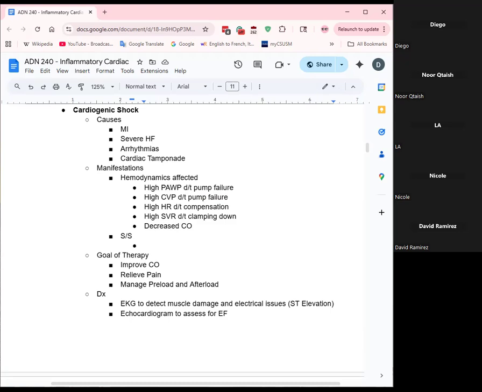Would it be like signs and symptoms of fluid volume overload? You would have some of that as well, yeah, for sure. Think of it like that alongside some of your signs of shock.